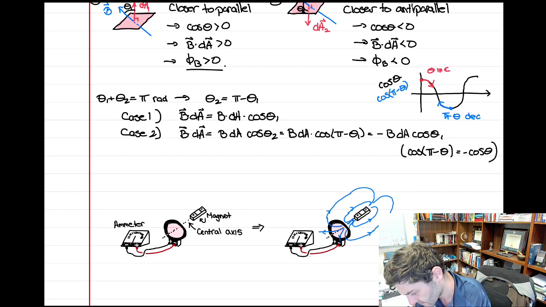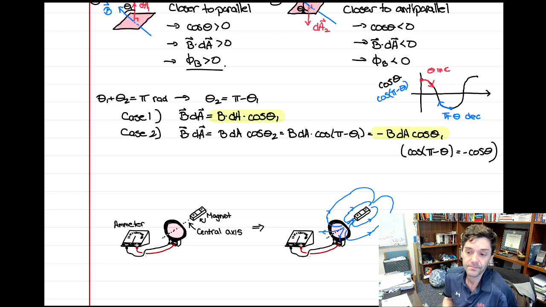So indeed, let's highlight some things. The dot product in case 1 was this. The dot product in case 2 was this. They are indeed the same magnitude, but only differ by a negative sign or directionality.